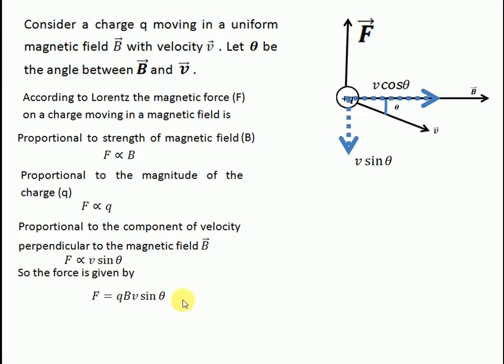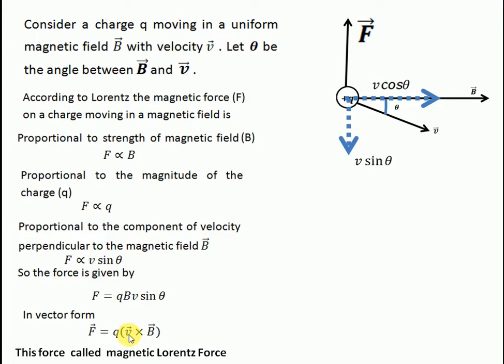Combining all of this, force is equal to qBv sin theta, where the proportionality constant is 1. In vector form, Bv sin theta is a cross product of v and B, so force is equal to q v cross B, and this force is called Lorentz force, as it was discovered by Lorentz.